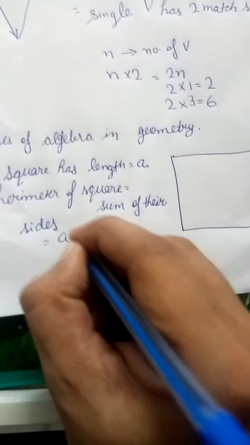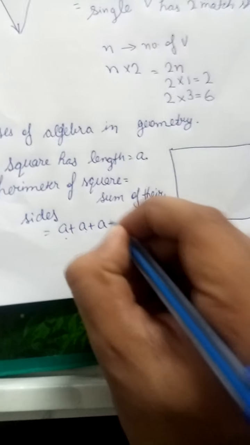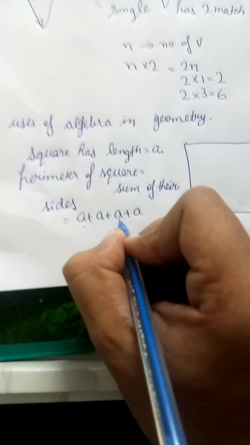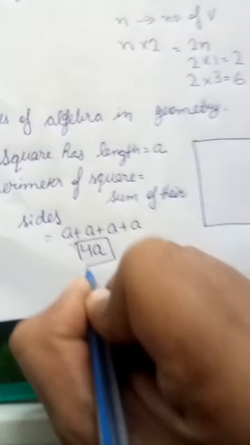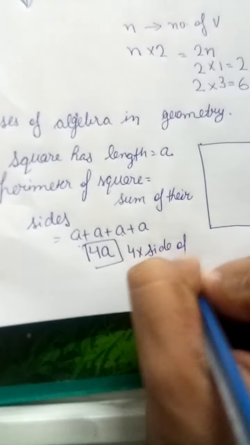It means A plus A plus A plus A, 4 times. So 1A plus 1A is 2A, 2A plus 1A is 3A, 3A plus 1A is 4A. So this is 4A. So what is the formula to find the perimeter of a square? That is 4 multiplied by the side of the square.